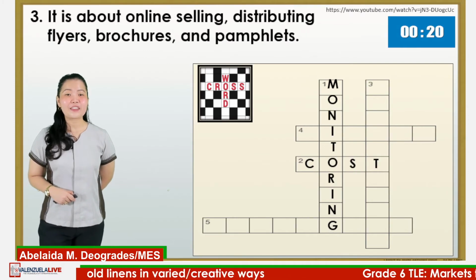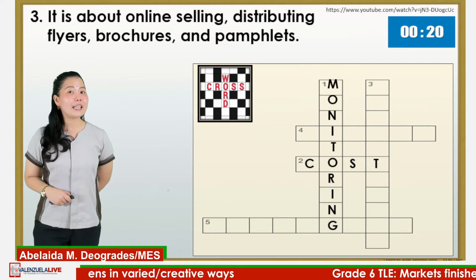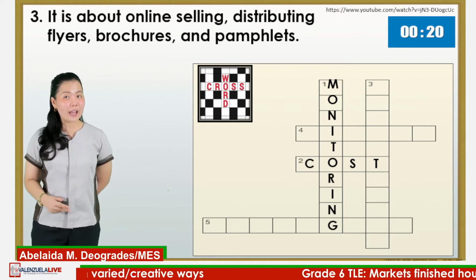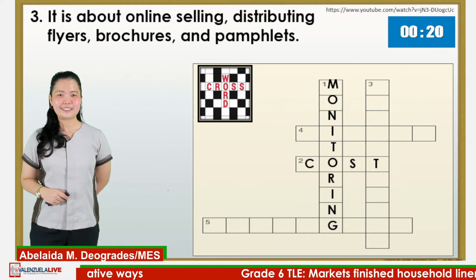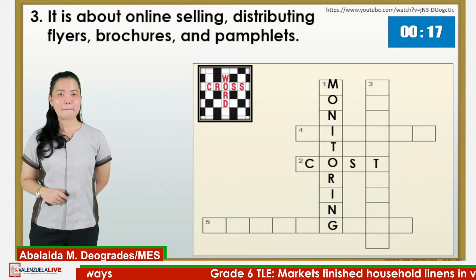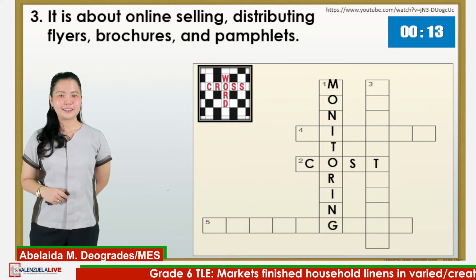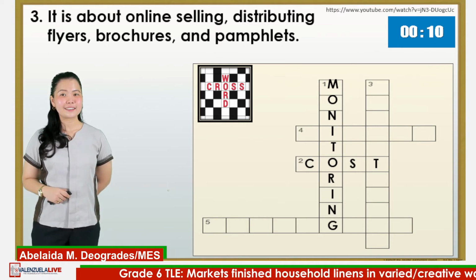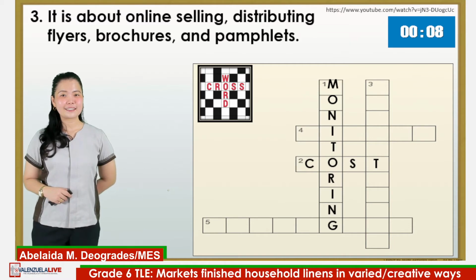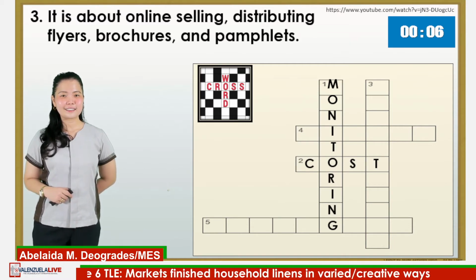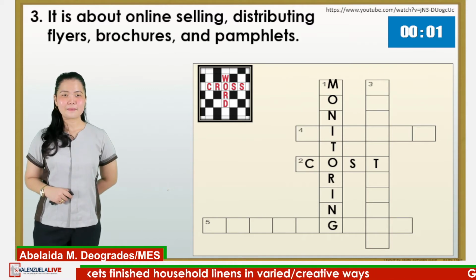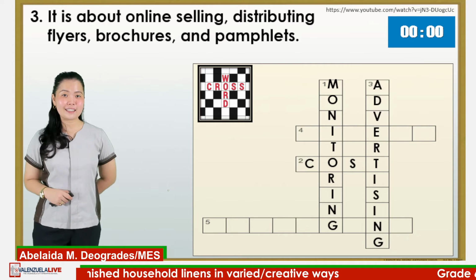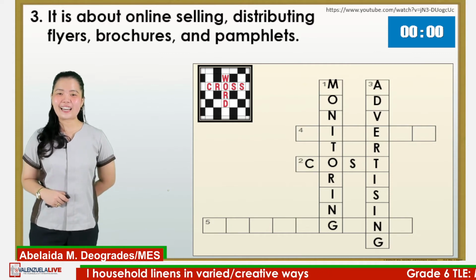Correct. Number 3. It is about online selling, distributing flyers, brochures, and pamphlets. The answer is advertising. Correct.